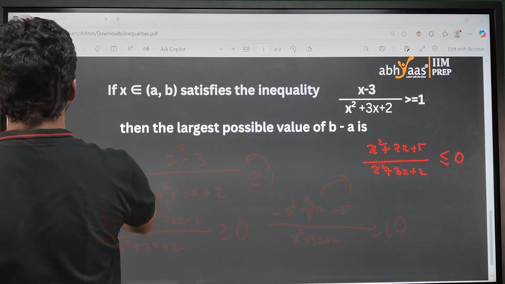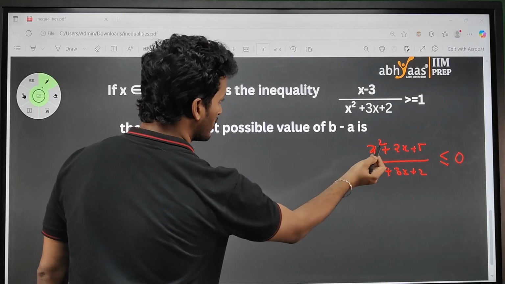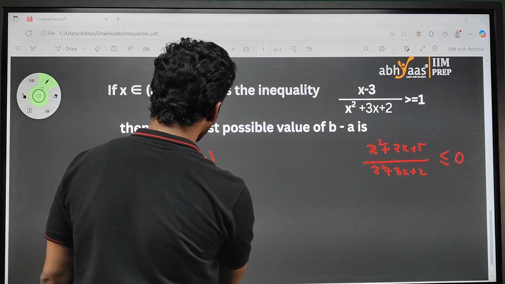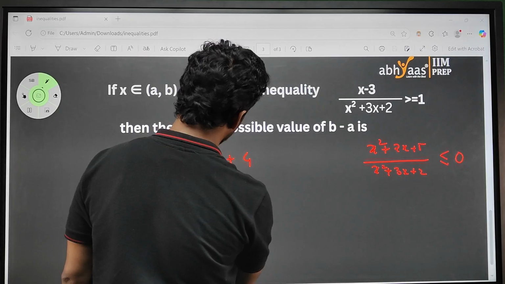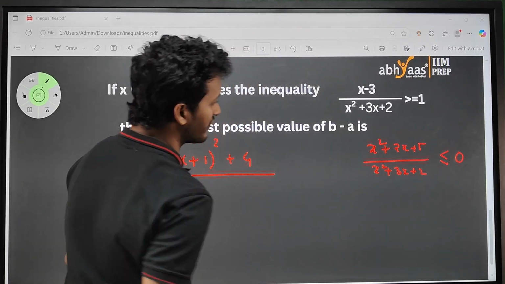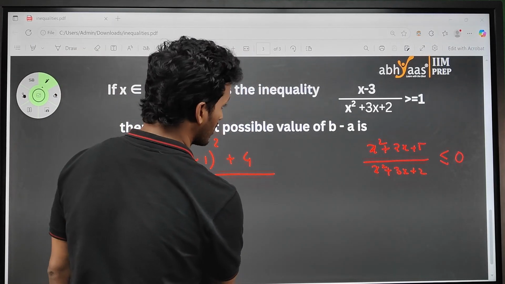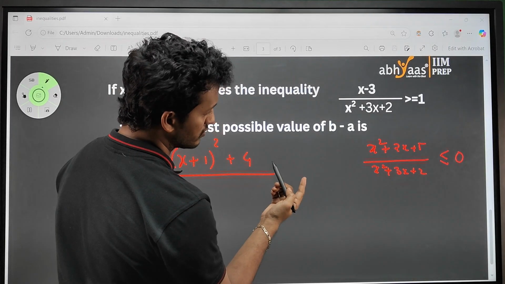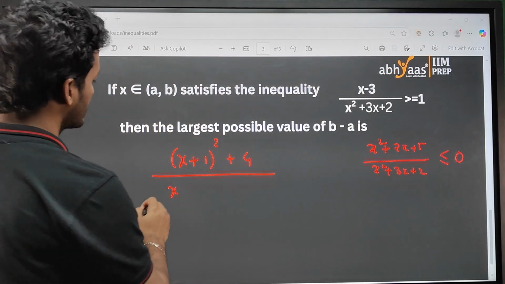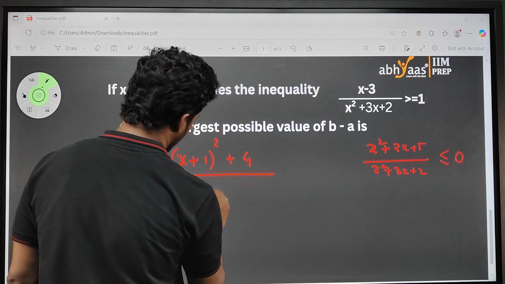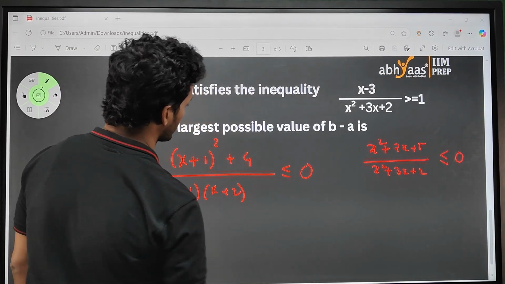Okay, so now the numerator can be written as x plus 1 whole square plus 4, divided by the denominator, which can be factorized as x square plus 2x plus x plus 2. That means x plus 1 into x plus 2, right, less than or equal to 0.